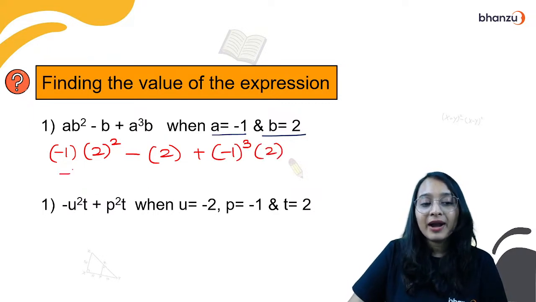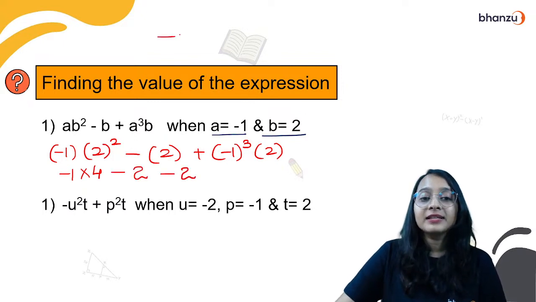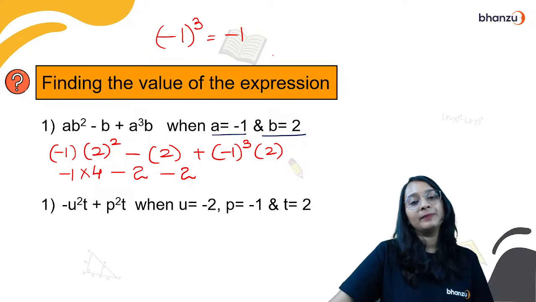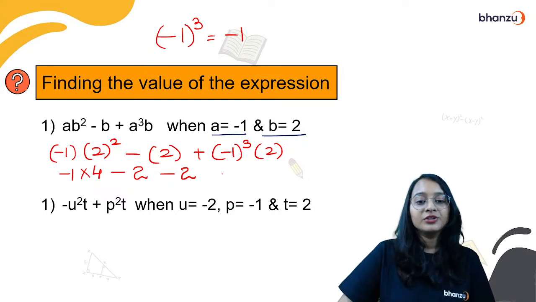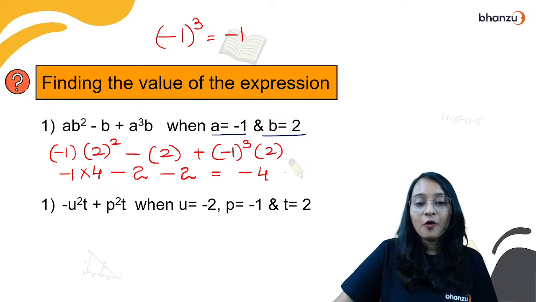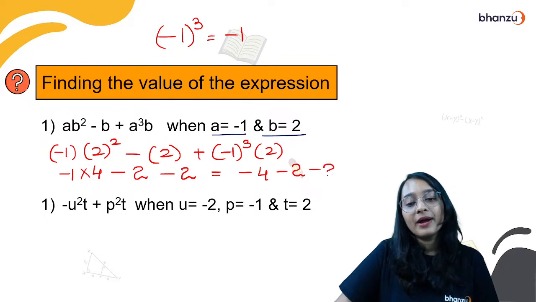So here you have minus 1 multiplied with 4. Why? 2² is 4. Minus 2 minus 2. Why? Because minus 1 whole cube will give you minus 1 and you multiply that with 2, you will be getting minus 2. So here you have minus 4 minus 2 minus 2.